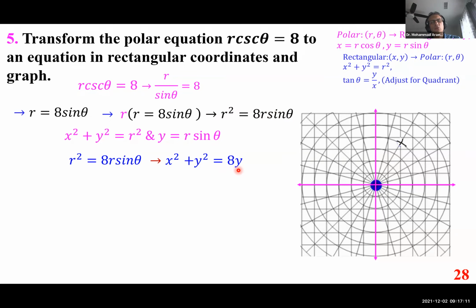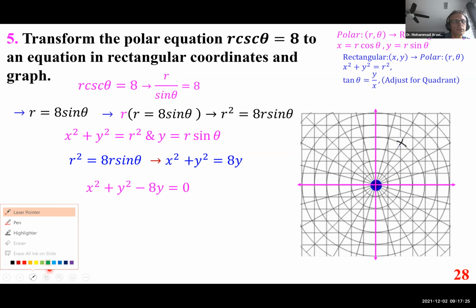So pretty similar to what we had in the previous page. We move the 8y to the left. And now we're going to combine these two and complete the square.